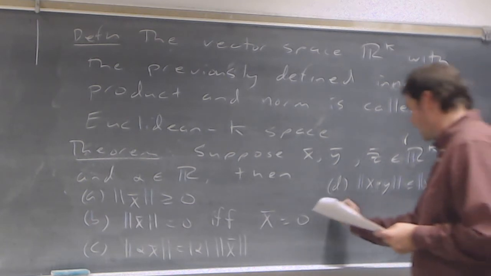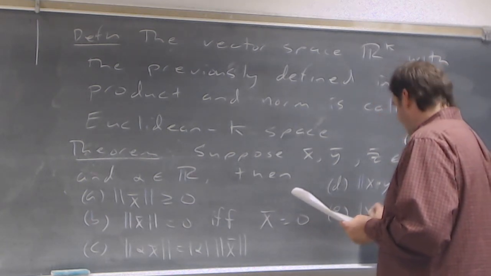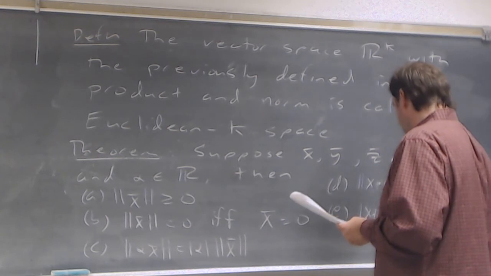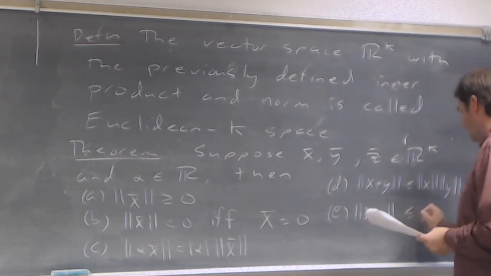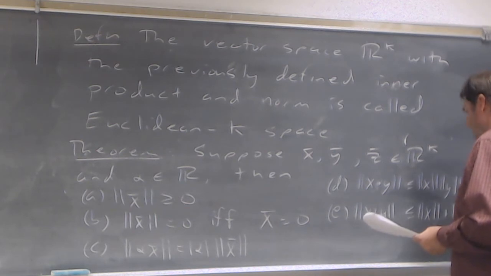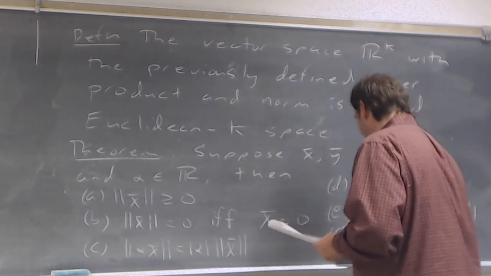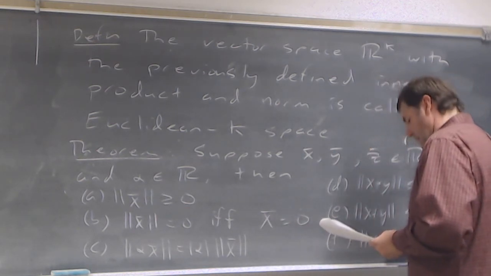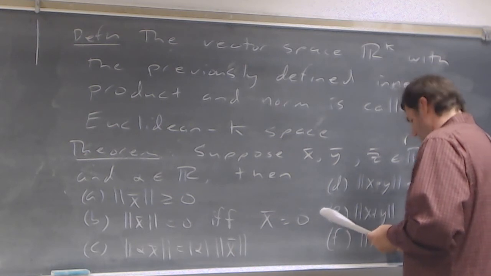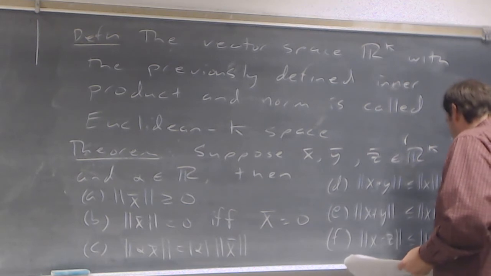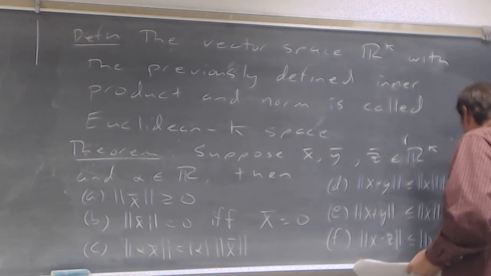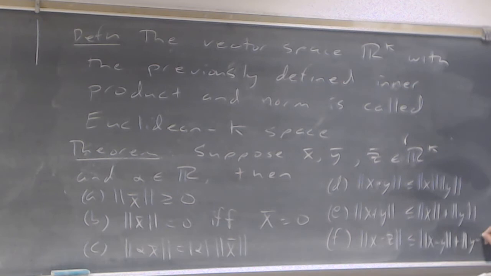I'd like to think about that for a second. E, the norm of x plus y, and I'm going to have to go back to D for a second, is less than or equal to the norm of x plus the norm of y. And F, the norm of x minus z is less than or equal to the norm of x minus y plus the norm of y minus z.